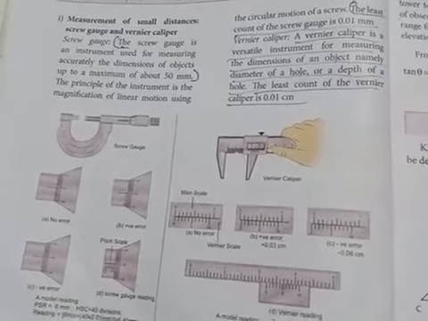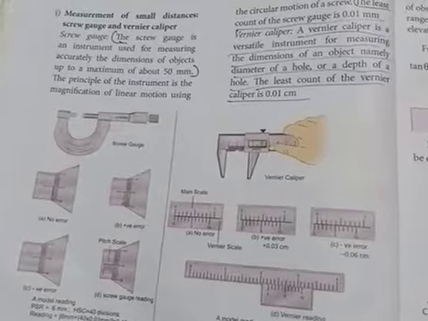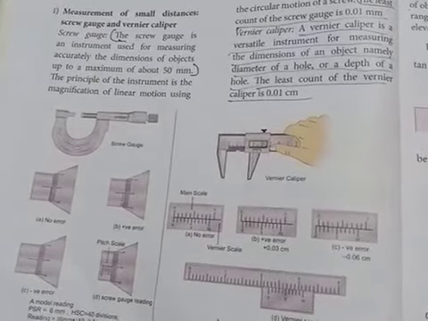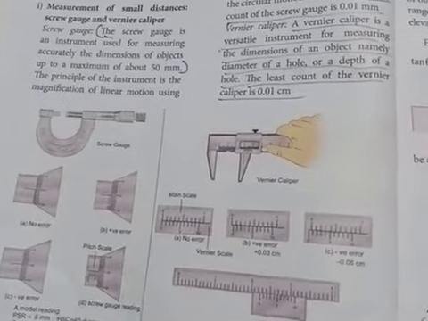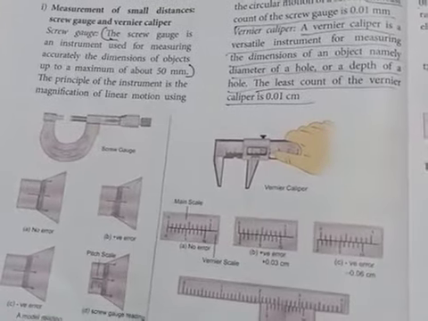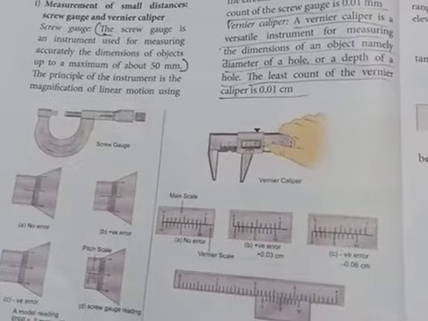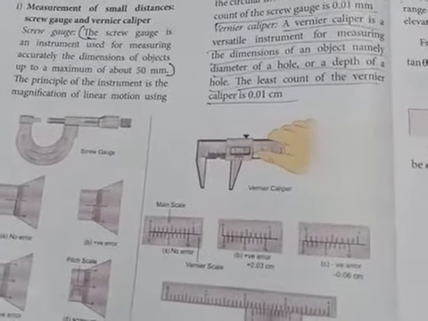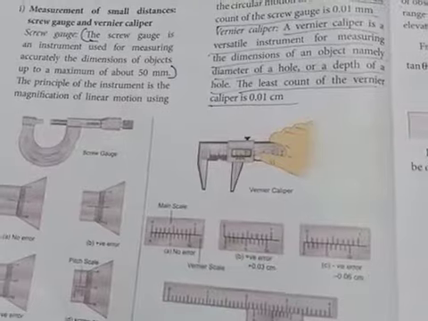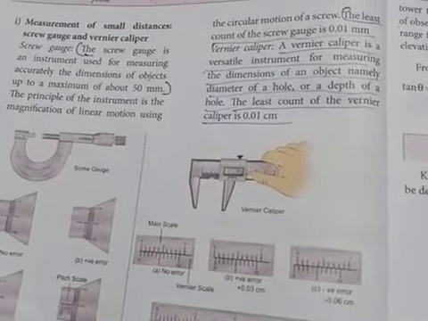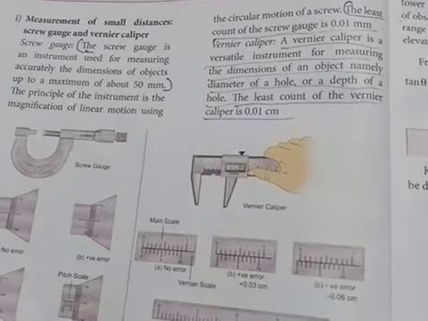In grade 10 you completed this practical session, and there you did this practical with screw gauge and vernier caliper. So these are our basic instruments for measuring the smallest length. We are using screw gauge and vernier caliper.